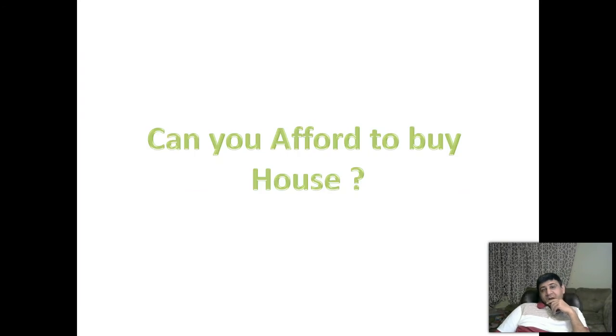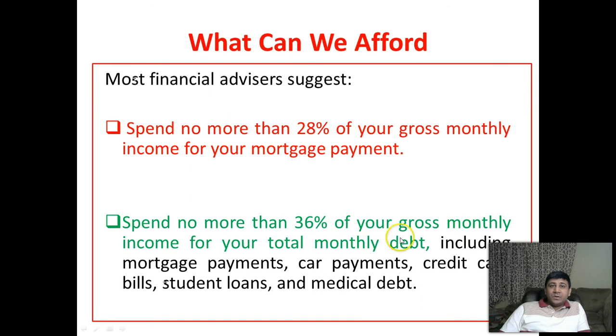Now let's look at a very personal question. Again, it varies from person to person, situation to situation, job to job, how much money you make. Can you really afford to buy a house? Most financial advisors agree that you should not spend more than 28% of your monthly income on your mortgage payment. No more than 28%.